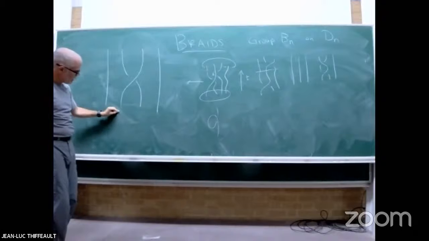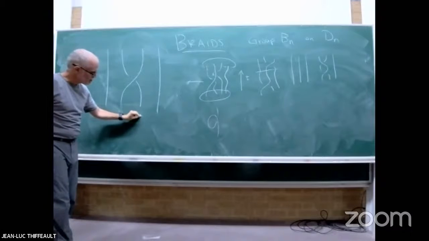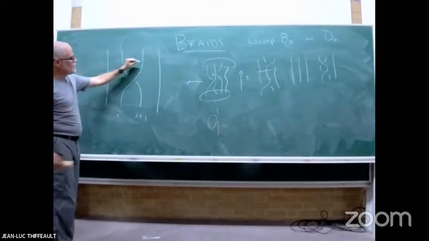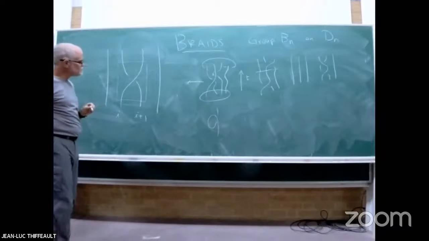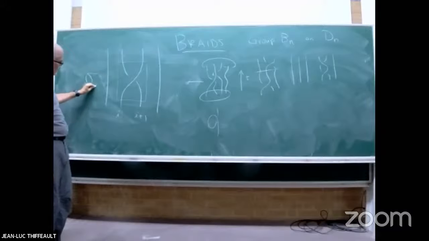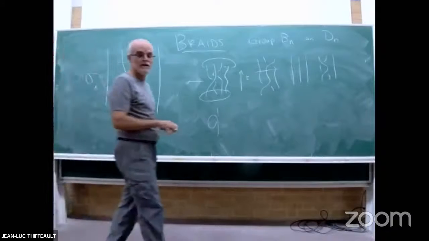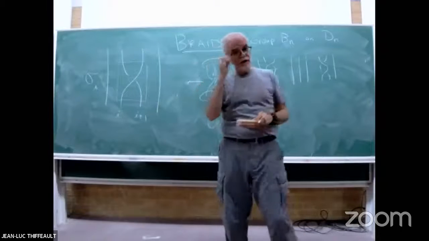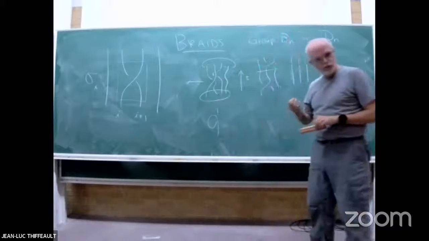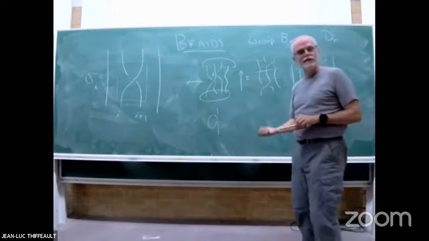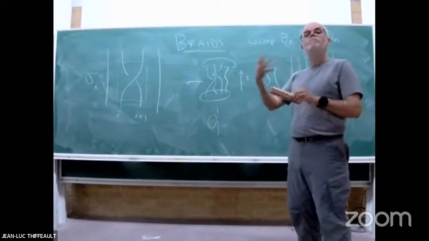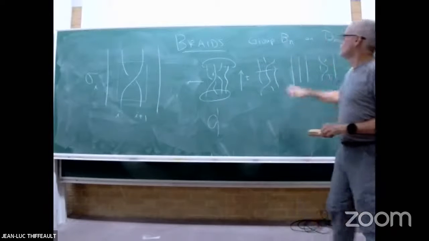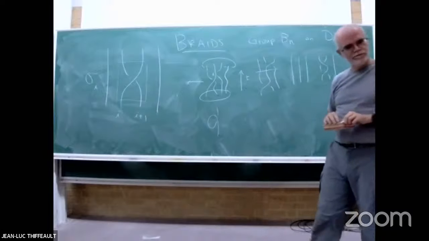If this is string I and this is string I plus 1, then this elementary exchange of 2 strings I call sigma I. So sigma I is the exchange of the ith string with the I plus 1 string. And so clearly I can run from 1 to n minus 1. So there are n minus 1 generators for the braid group Bn.